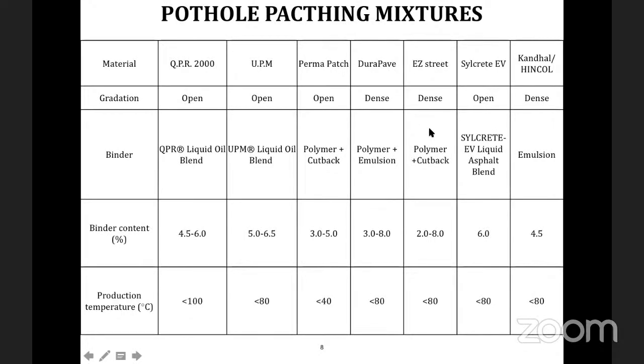These are some of the brief ready-made pothole patching mixtures available worldwide, like QPR, UPM, Permapatch, Durapave, Easy Street, and Kandal and Incol. The last one, Kandal and Incol, is what they usually use in India. This is a cold mix patching mixture.